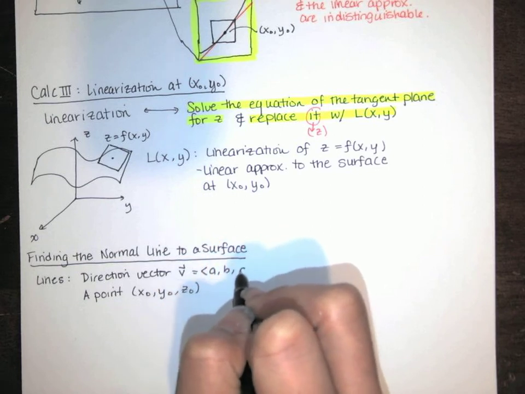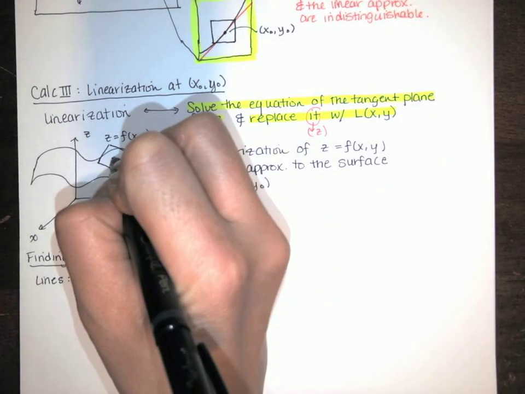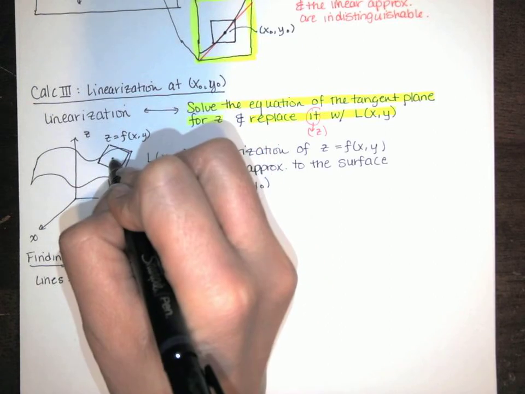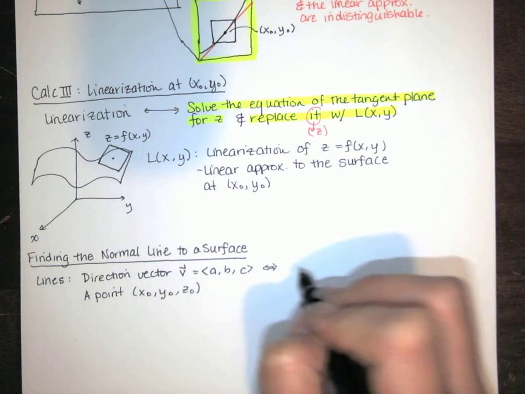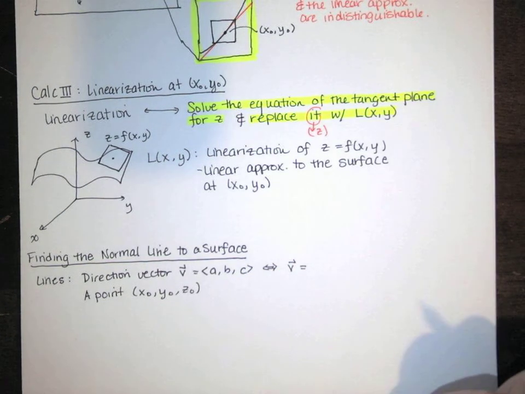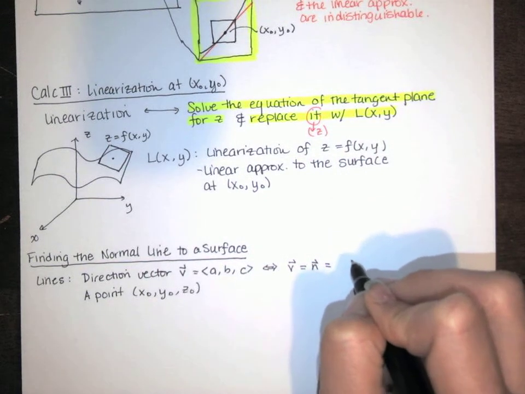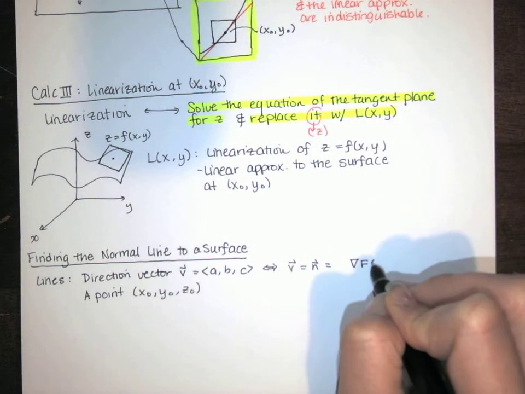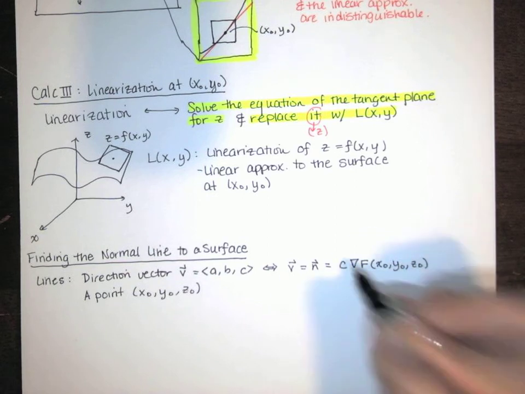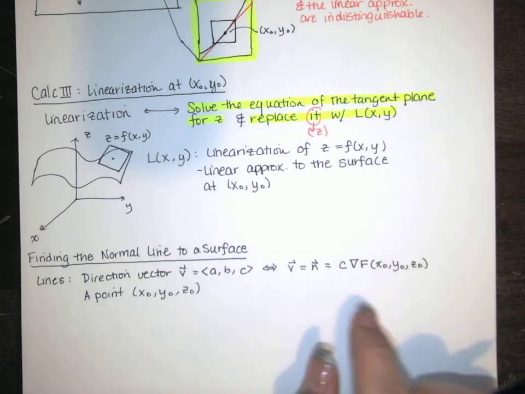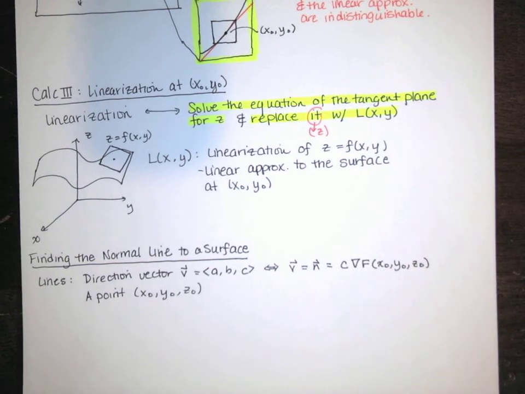If we're in 3 space, it has to have 3 components, and we need a point. Well, we're talking about the line that is normal to the surface. If the line is normal to the surface, the direction vector is a normal vector. And the normal vector can be the gradient of capital F, evaluated at x naught, y naught, z naught, or you can multiply it by any constant you want to make the coefficients as simple as possible. And x naught, y naught, z naught will be given to you.